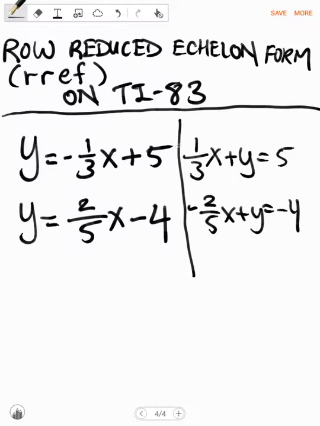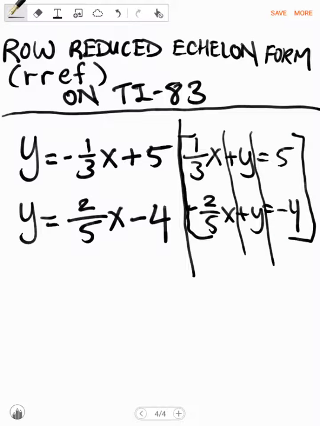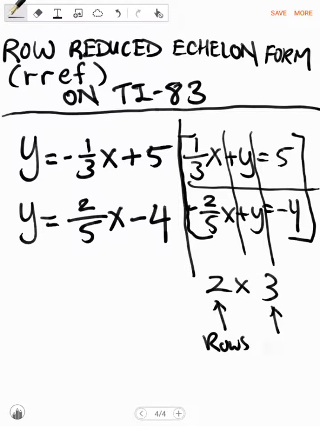If we were to enter this into a matrix, which is basically a grid of cells, we would have 6 different entries. This is actually a 2 by 3 matrix, 2 being that there are 2 rows, and 3 being that there are 3 columns.